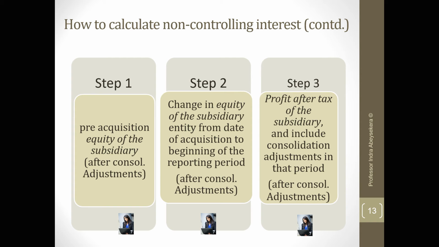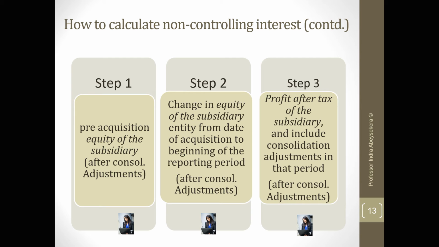So step one is the pre-acquisition equity. After consolidation adjustments, we have to assign the NCI's portion. Step two is the change in equity of the subsidiary. We are looking at the subsidiary, because the non-controlling interest resides in the subsidiary only.